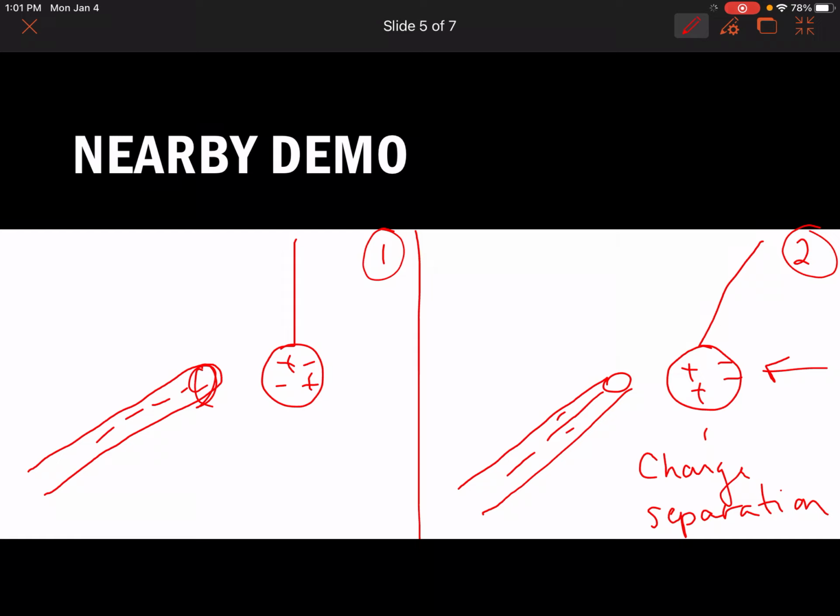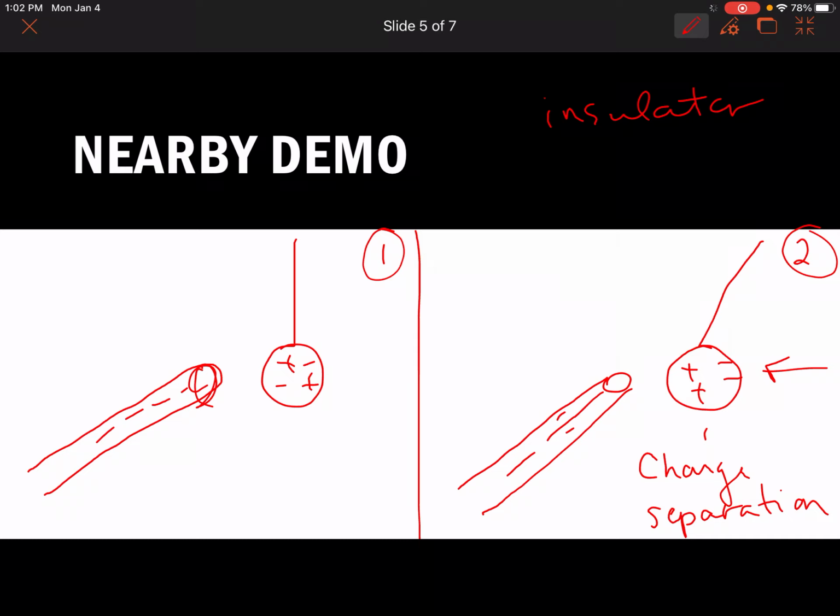Now, just so you know, the pith ball is made of metal, so the pith ball is a conductor. If we had an insulator, we know that things like paper are also attracted to those charged rods.